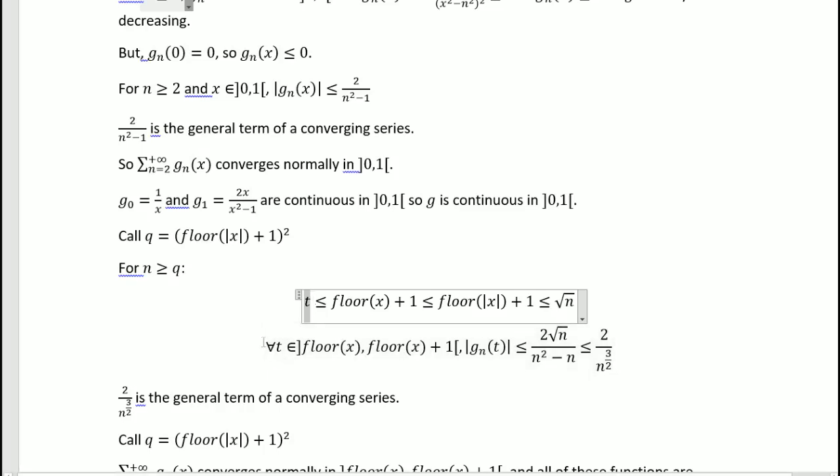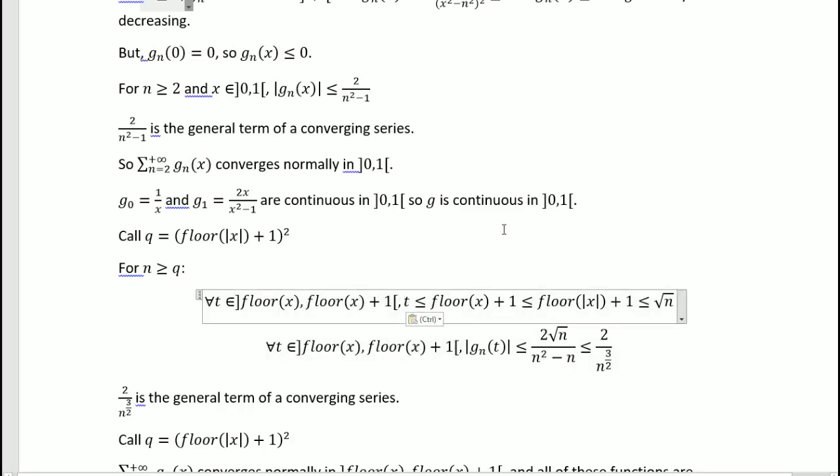So wait, I'm going to copy this. Okay, so for all T between floor x and floor x plus 1, T is less than floor x plus 1 because of this. And also we get this inequality, from the definition.